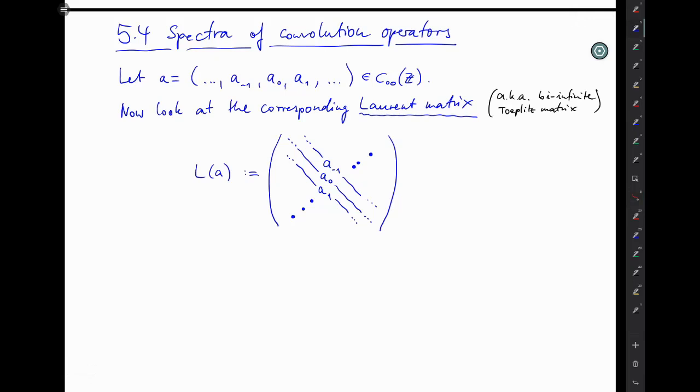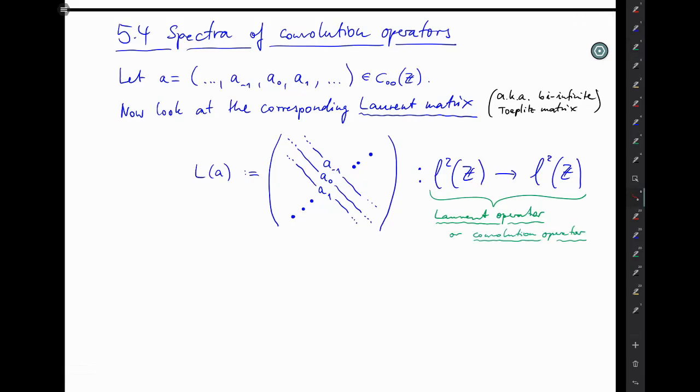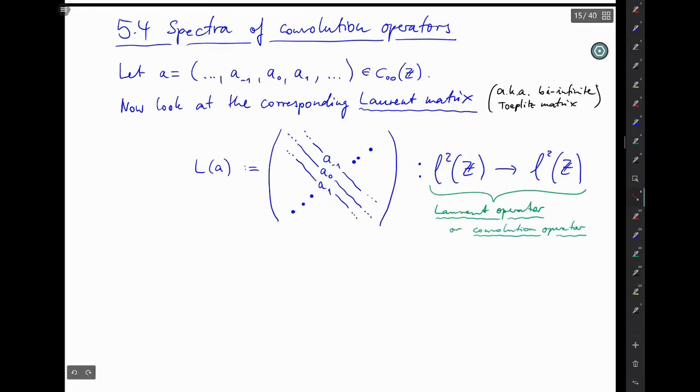And then you treat this infinite matrix as a linear operator on the L2 space of two-sided infinite sequences. And this operator would then be called a Laurent operator or convolution operator. And now let's see how it acts on an L2 sequence.